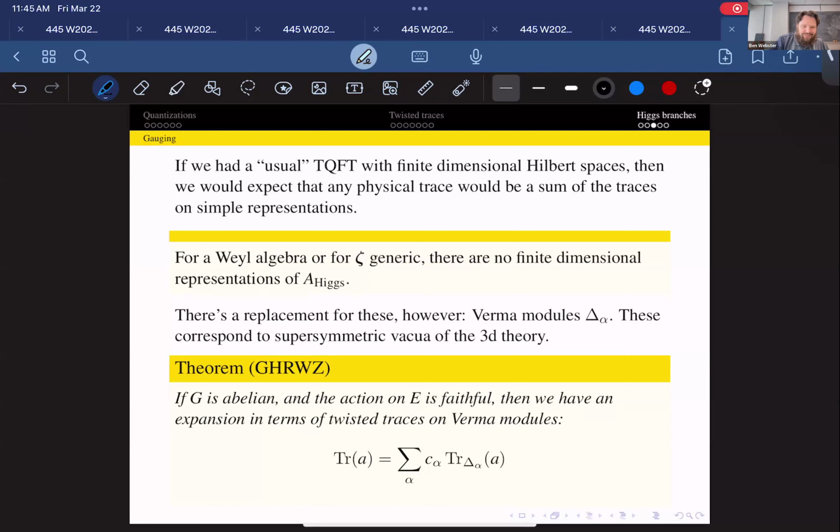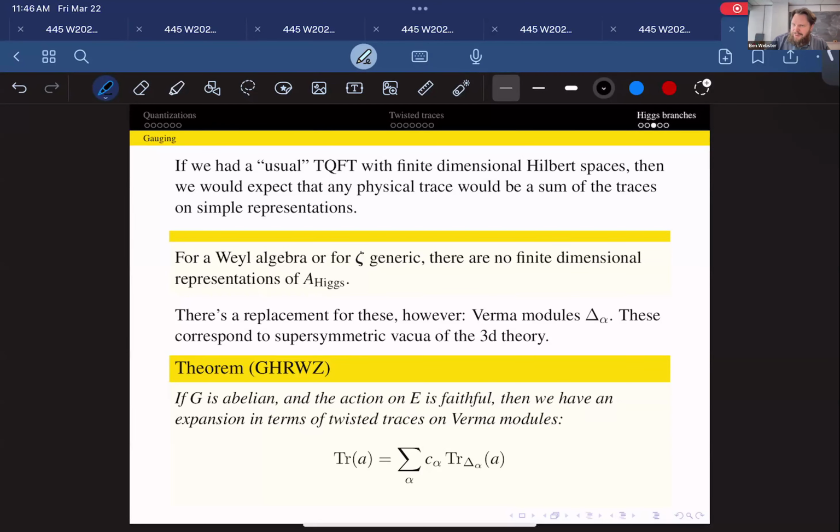I should say this is proven rigorously in our recent paper on this stuff with Davide Gaiotto, Justin Hilburn, Redondo Yuste, and Zhou, where we showed that if you have an abelian group, you can take this trace and expand it in terms of twisted traces of Verma modules. I like to think about this as follows: if you had a usual TQFT, everything would be finite dimensional, so you would expect your trace to be a sum of traces on simple representations of this Hilbert space for S2.